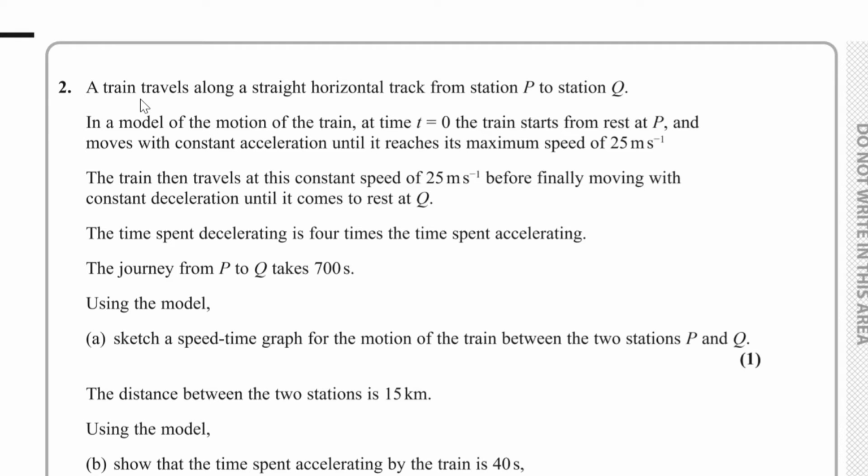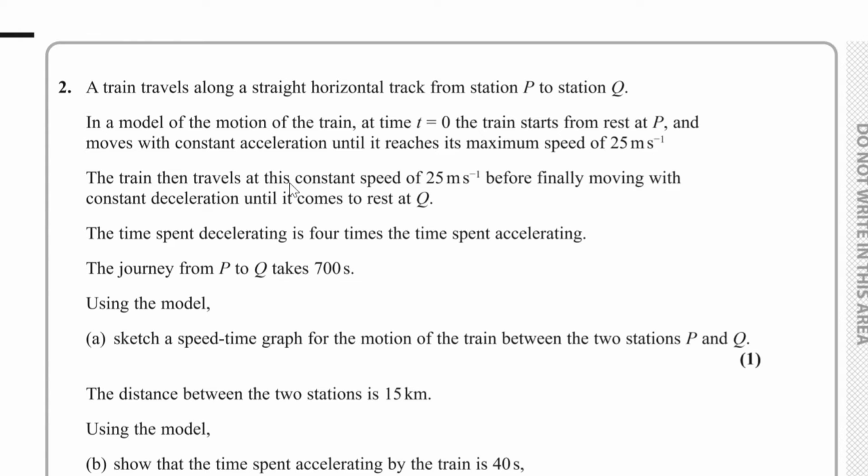Question number 2. A train travels along a straight horizontal track from station P to station Q. In a model of the motion of the train at time t equals 0, the train starts from rest at P and moves with constant acceleration until it reaches its maximum speed of 25 meters per second.